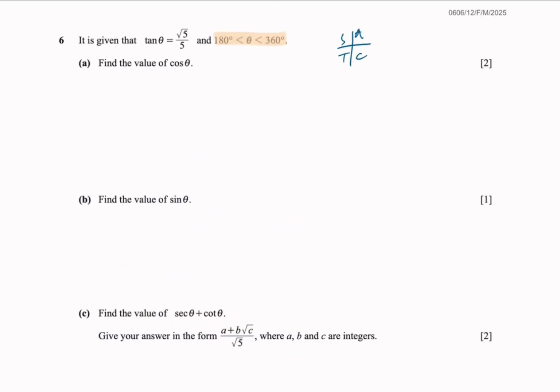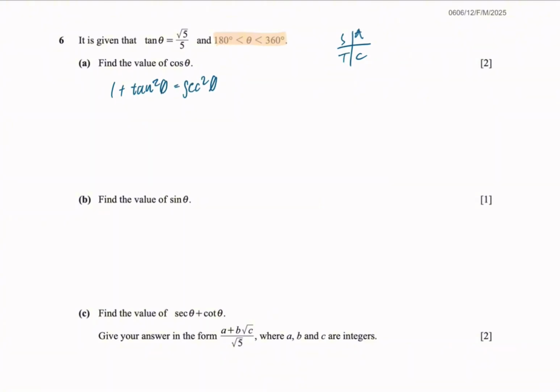Okay, so the next question is also from the same paper, and this one is a bit different though. It's not a graph. They give you tan theta equals root 5 over 5, and then the domain 180 to 360, and you need to find the value of cos theta. The way you can do this is to use the trig identity, 1 plus tan squared theta equals secant squared theta.